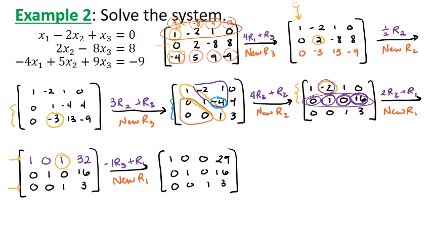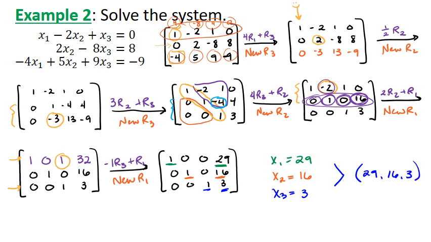This is in reduced row echelon form. This represents the answer. So the solution is x1 equals 29, x2 is 16, and x3 is 3. I can write this as an ordered pair, (29, 16, 3).